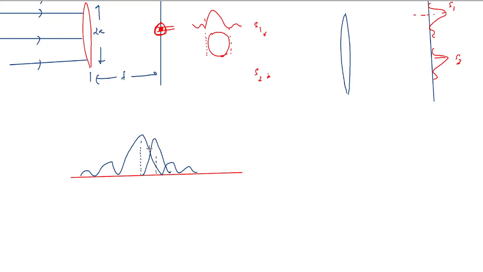In this case, the centers are not clearly distinguishable. This is said to be not resolved.